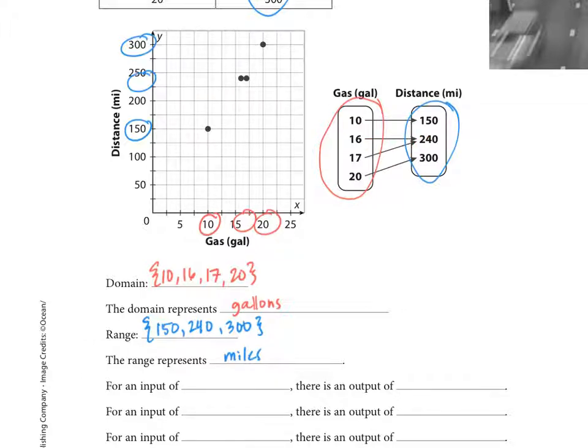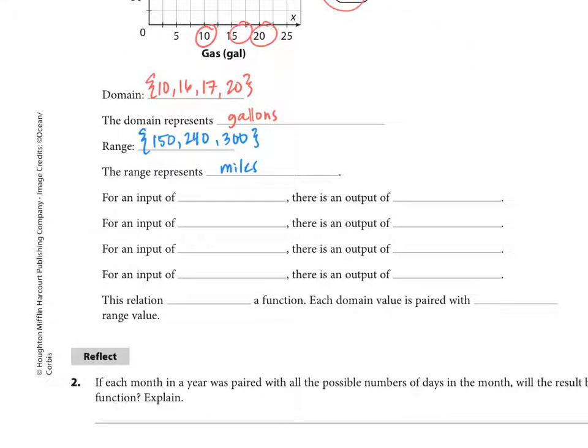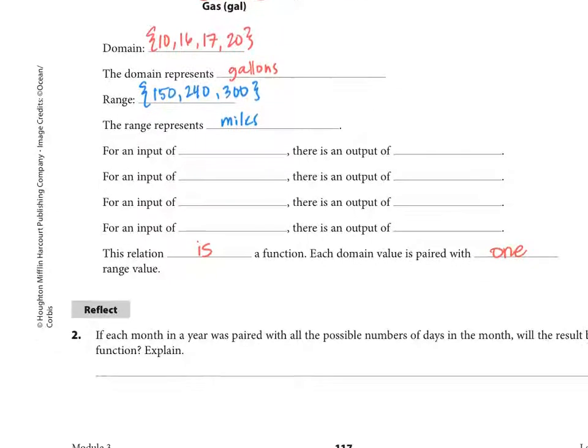It's that one. 17 has only one. And 20 also has just one. So this is a function. Here we go. This relation is a function. Each domain value is paired with one range value.